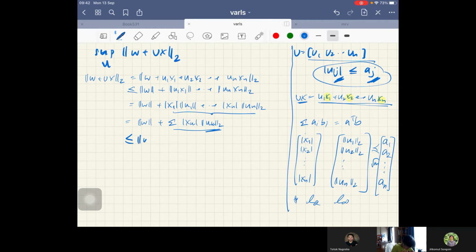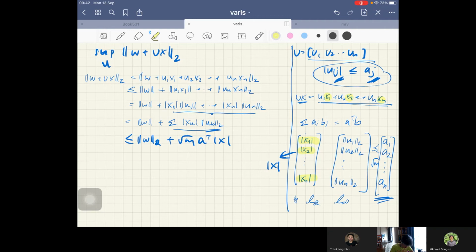So this is going to be bounded by the two norm of w plus the factor square root m that we see here, times a transpose magnitude of x. I use the notation magnitude of the vector x, but what I mean is I take the magnitude of all elements.